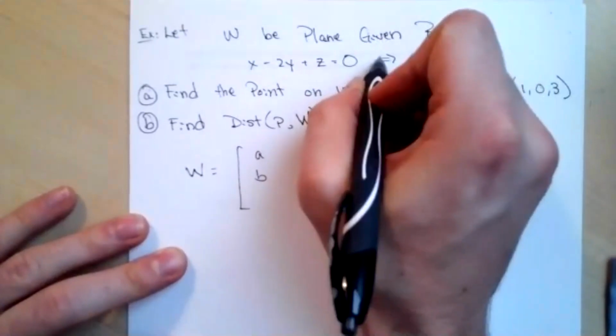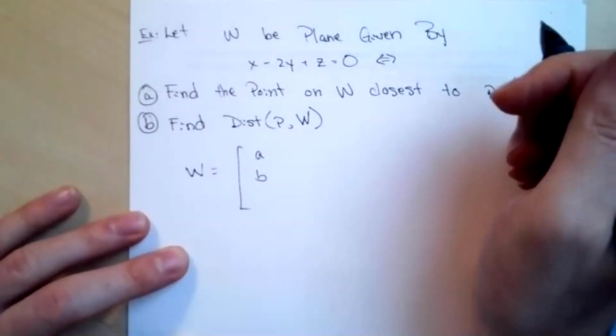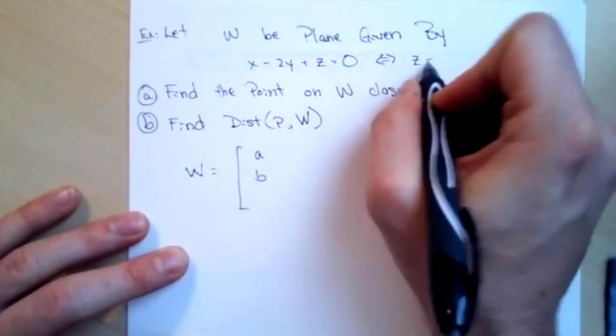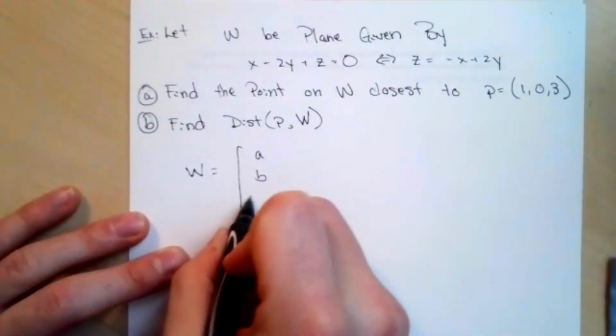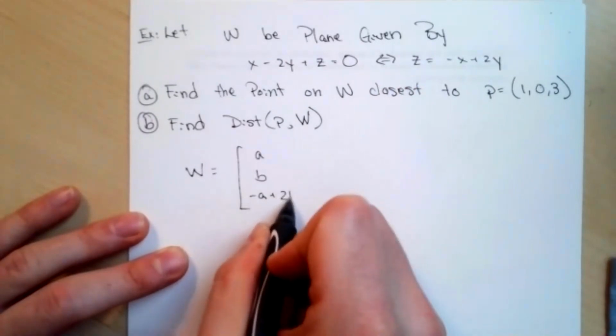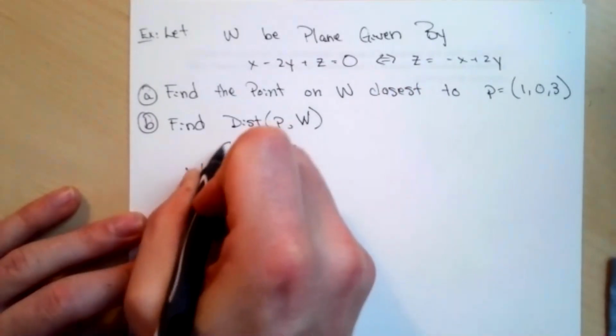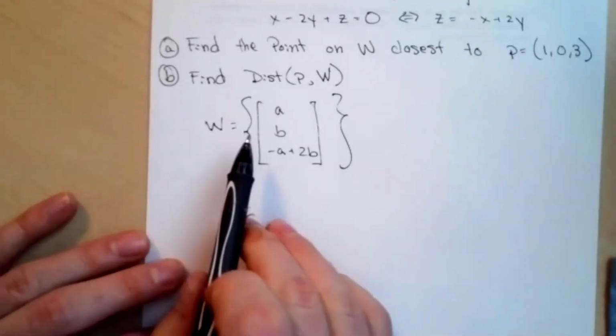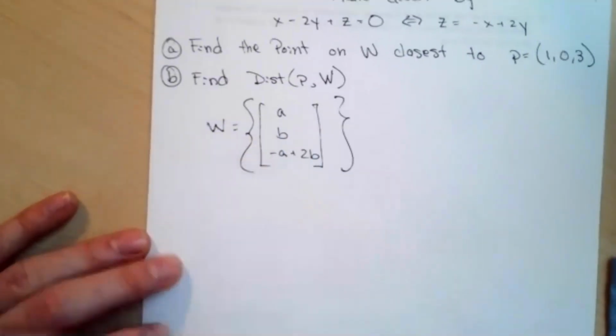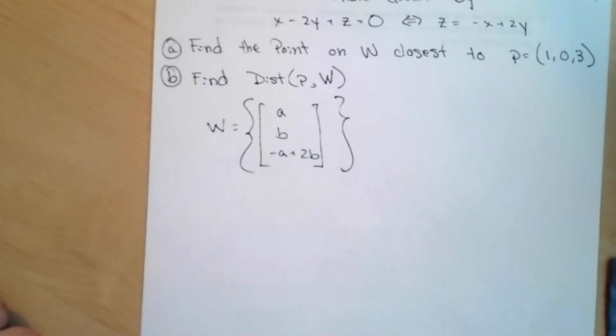In other words, if we're picking x and y as our degrees of freedom, this is going to force z equal to minus x plus 2y. So W is going to be the set of all vectors of this form, where a and b can be chosen freely.